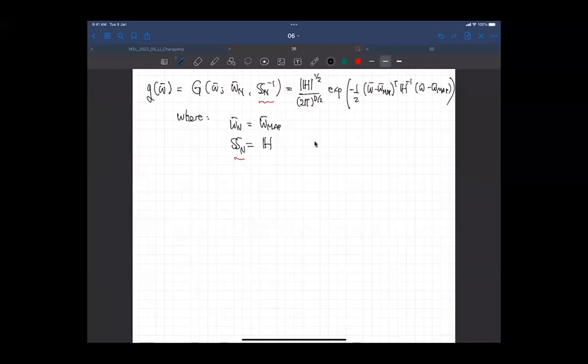So that's the Gaussian approximation for your posterior, the multiplication of likelihood and prior.